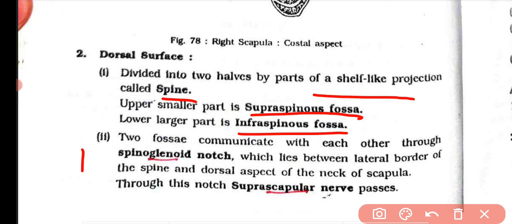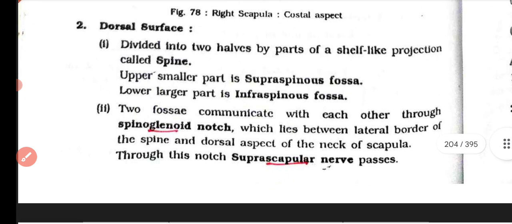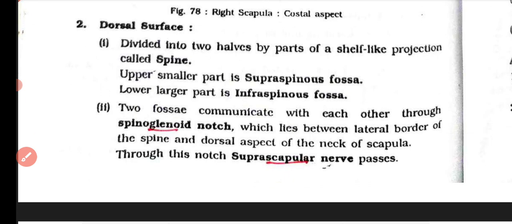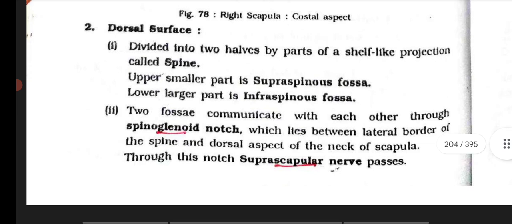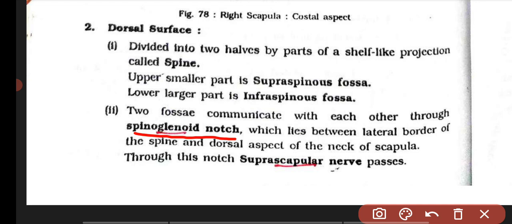Now, the two fossae communicate with each other through the spinoglenoid notch, which lies between the lateral border of the spine and the dorsal surface of the neck of the scapula. Through this notch, the suprascapular nerve passes.